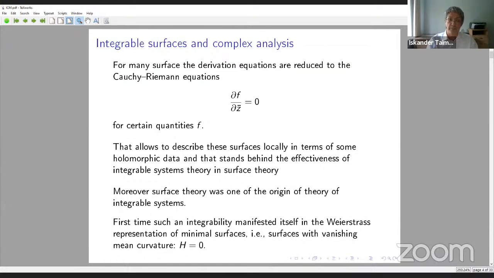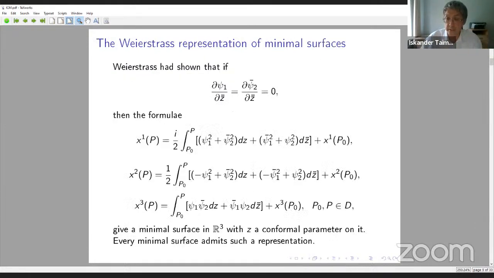First time such an integrability manifested itself in the Weierstrass representation of minimal surfaces, surfaces with vanishing mean curvature. These are the formulas of the Weierstrass representation, introduced in the early 1860s. Assume we do have two holomorphic functions, psi1 and psi2 bar.